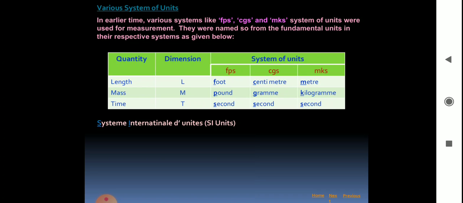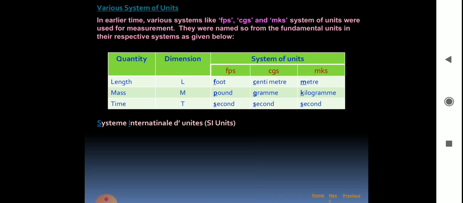Next one, in the CGS system, units for length, mass and time are centimeter, gram and second. In the MKS system, length, mass, time are measured in meter, kilogram and second.